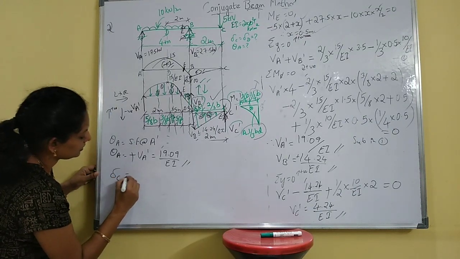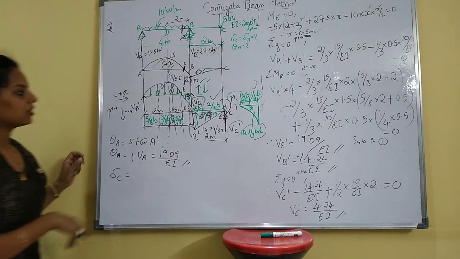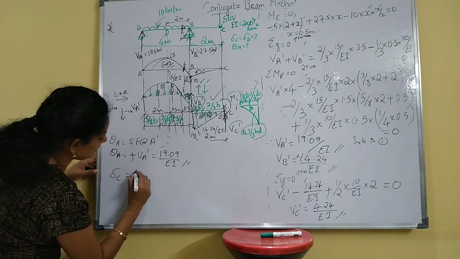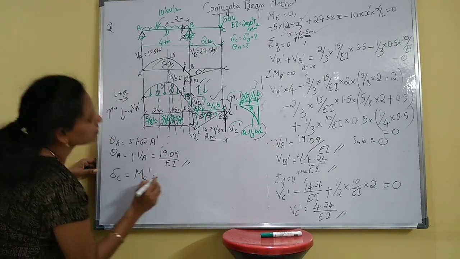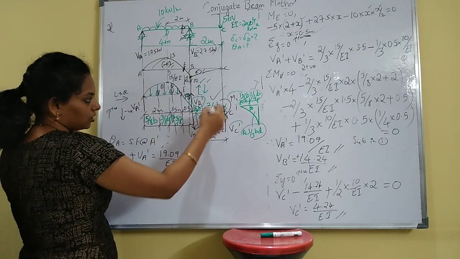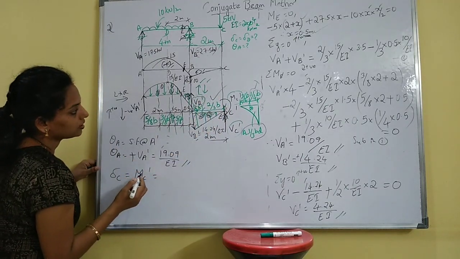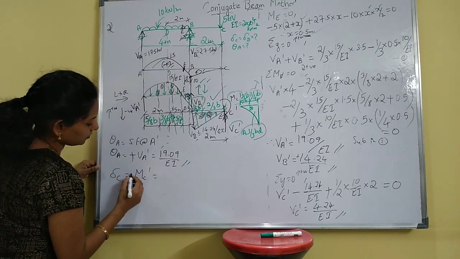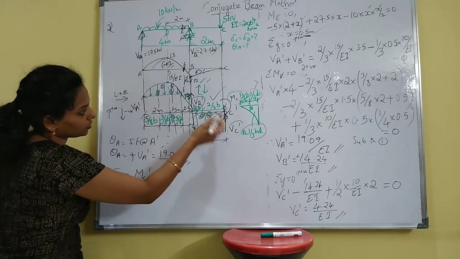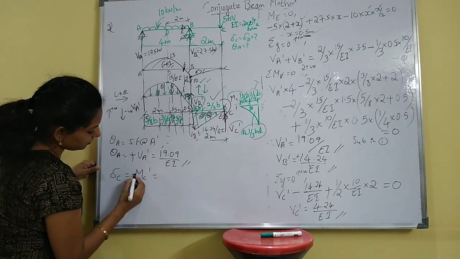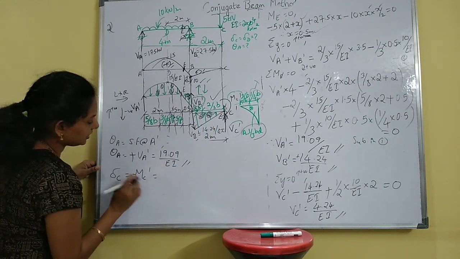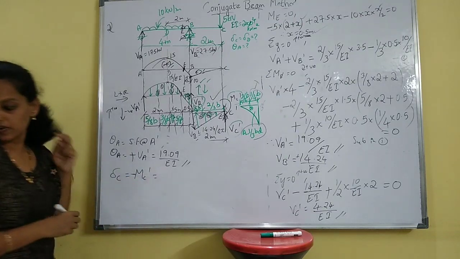Next, to find out delta C. Okay, delta C is nothing but MC dash. Okay, so it makes your beam upward, so it will be minus MC dash. Just find out that value.